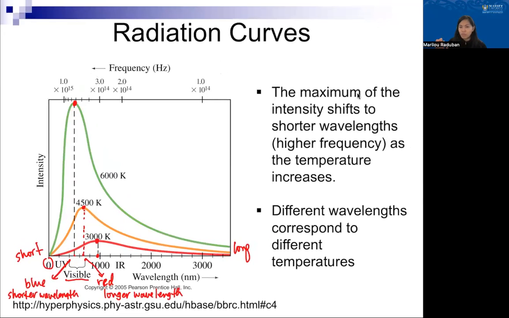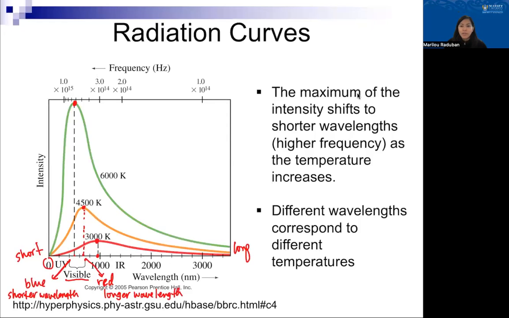So those are the two things we can get out of radiation curves. And I guess for now, that's just what we need, without talking much about what wavelength is, because we'll talk more about wavelengths and waves in the next lecture.